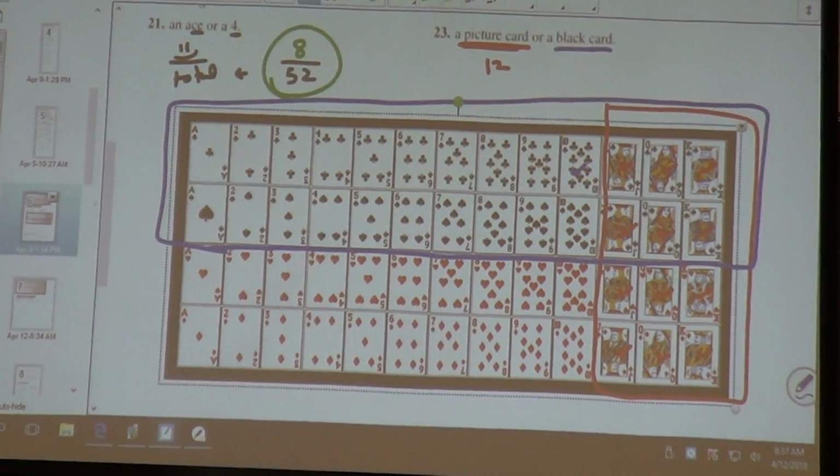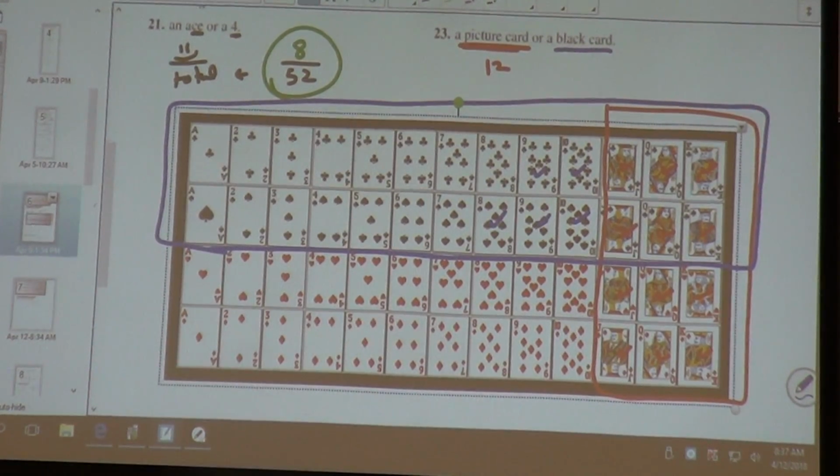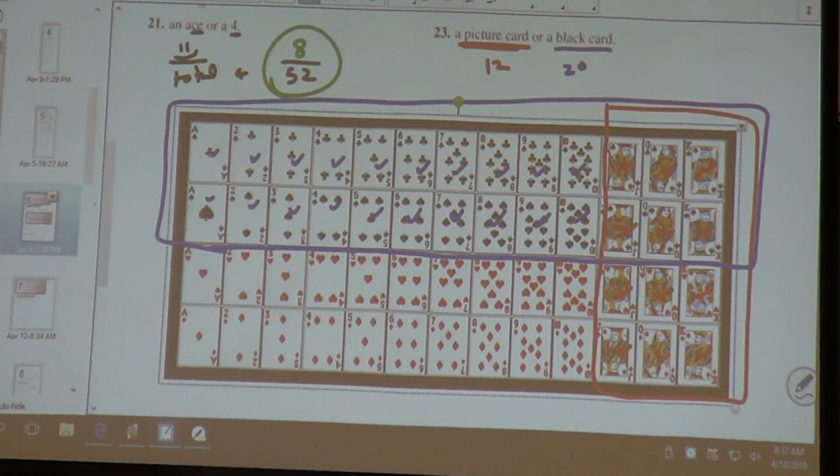I only need to count 1, 2, 3, 4, 5, 6, 7, 8, 9, 10, 11, 12, 13, 14, 15, 16, 17, 18, 19, 20. So it's going to be 32 over 52. The main thing I want you to realize is don't double dip.